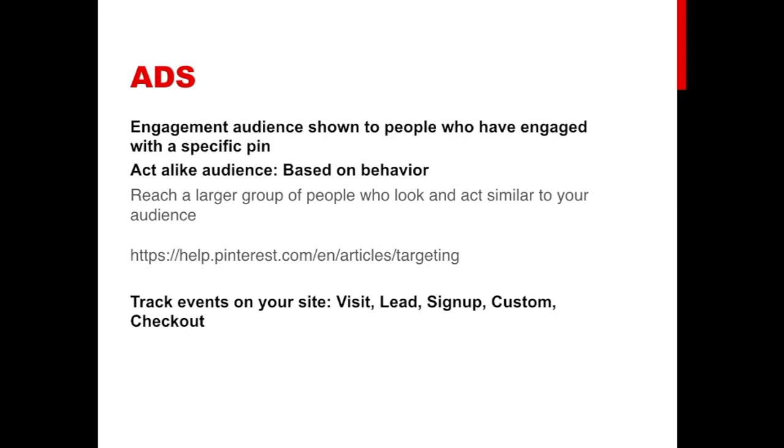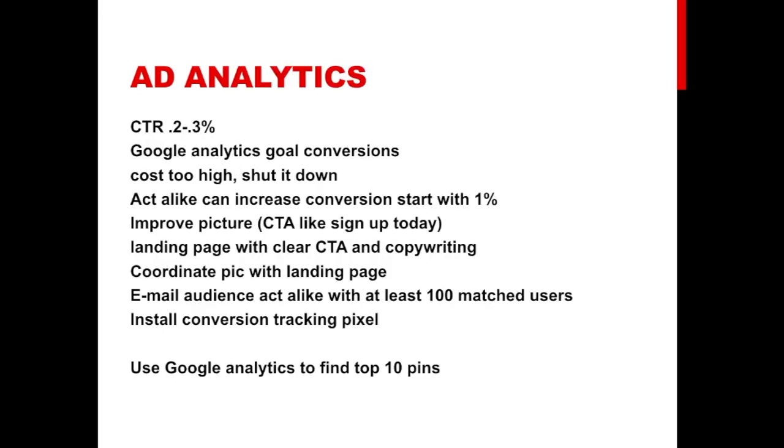So again, you want to track every step of the process within your analytics, including who visits your site through the ad, who signs up as a lead, and who does the checkout from beginning to end. A good click-through rate would be at least around 0.2 to 0.3%.